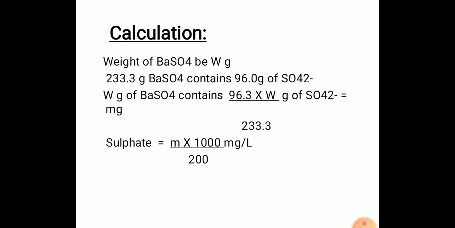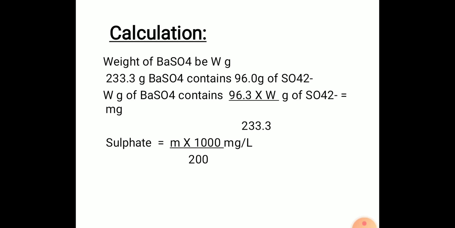Here we can observe that the weight of barium sulfate will be W. Take that weight of barium sulfate as W, and as we know, the molecular weight of barium sulfate is 233.3 gram. So 233.3 gram of barium sulfate contains 96.0 gram of sulfate ions.